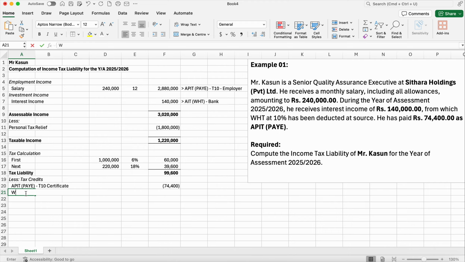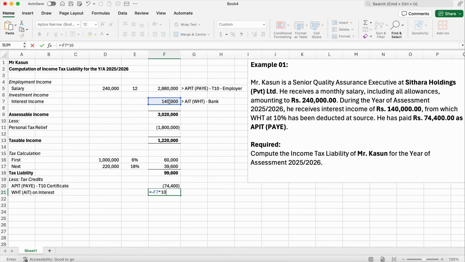Then the withholding tax or advance income tax on interest income. Based on the withholding tax certificates the bank issues, you can calculate this. In this scenario it is 10% of the gross interest, so we can calculate it here.